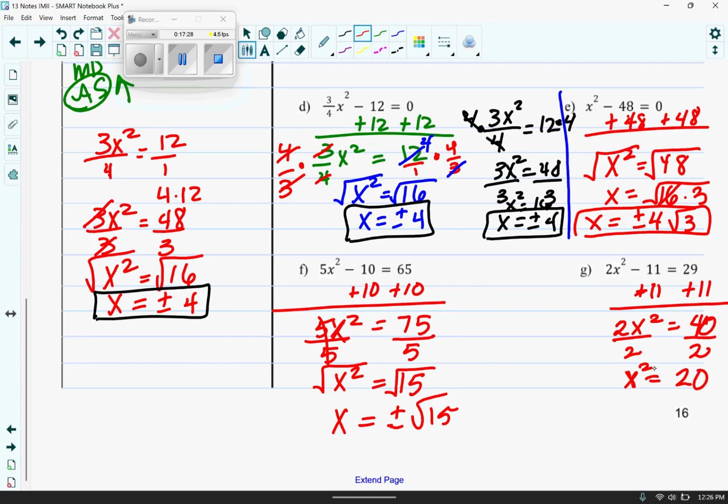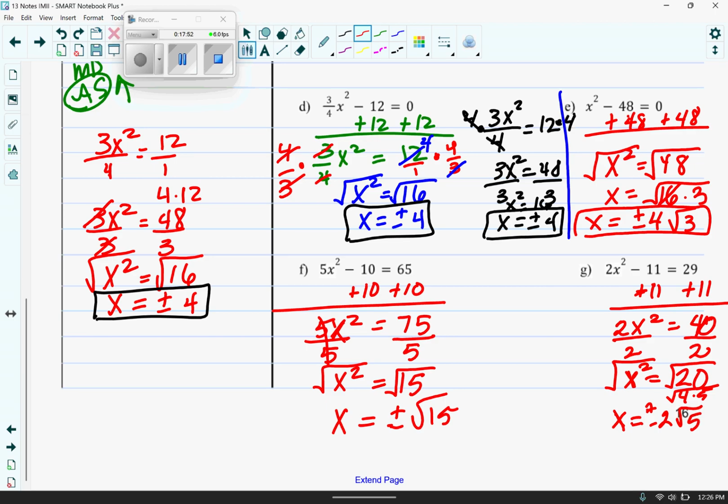Oops, x squared. Square root both sides. Now we're going to have to break down 20. So x is equal to plus or minus. Now this will be 4 times 5. So 2 radical 5.